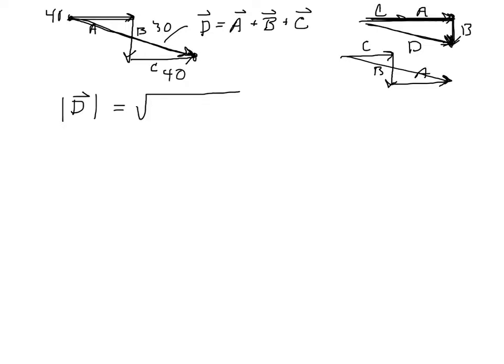So it's the square root of, I'll put the numbers in, 40 plus 40, 80 meters squared plus 30 meters squared, square root. I'm going to pause the slide and get the answer. 85.44.